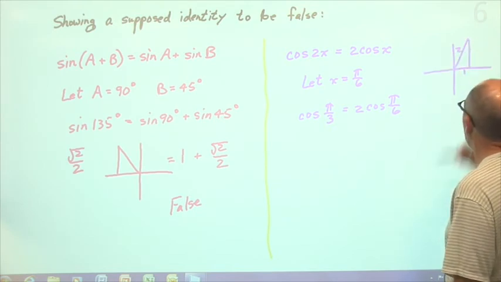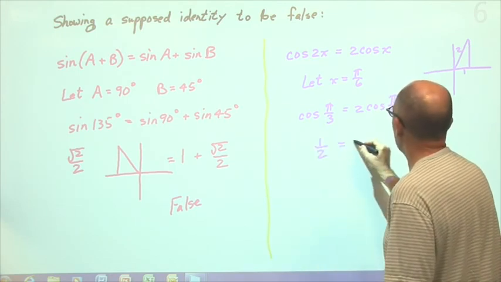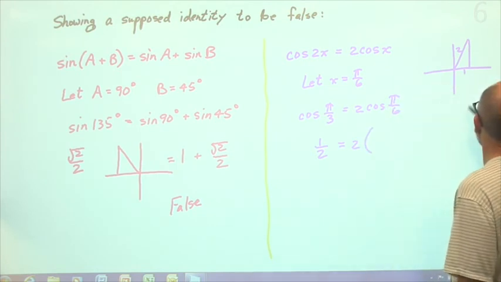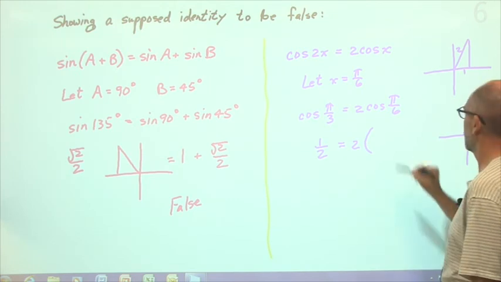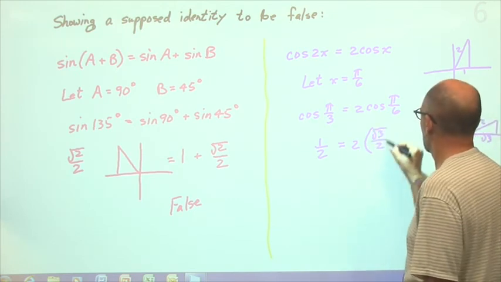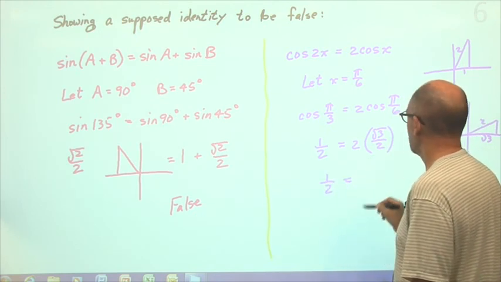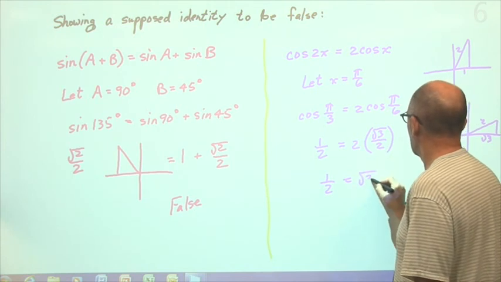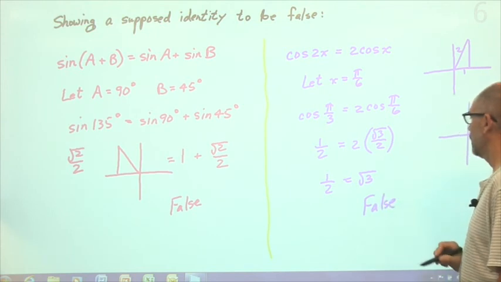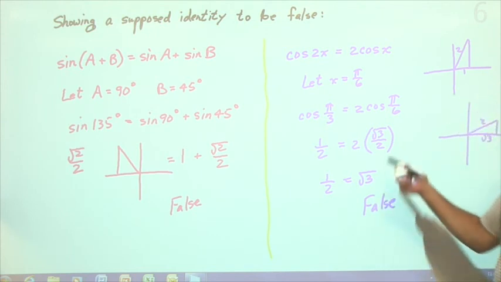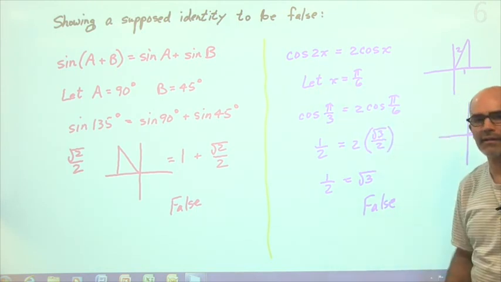It's 1/2. And what's cosine pi over 6? Well, it's going to be square root of 3 over 2. So, 1/2 does not equal square root of 3. So once again, we have a contradiction which tells us that cosine 2x does not equal 2 cosine x.